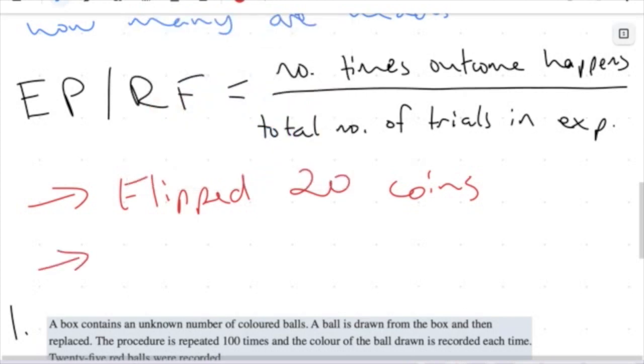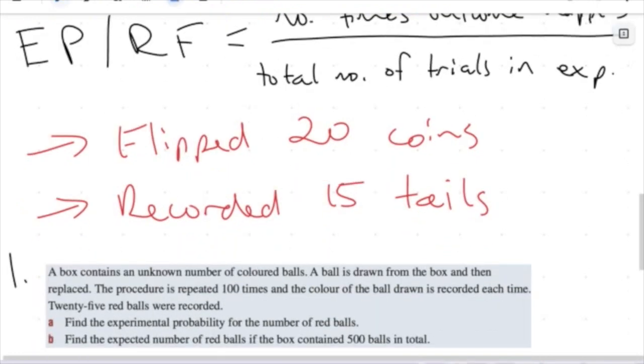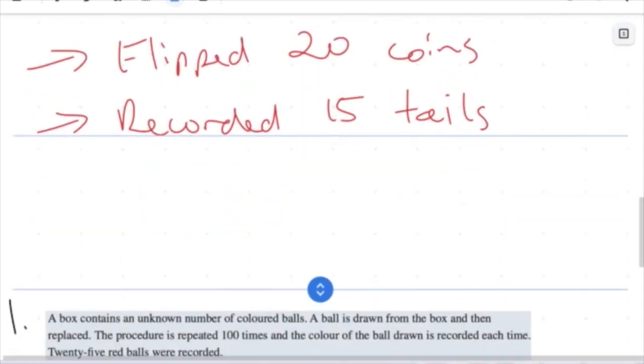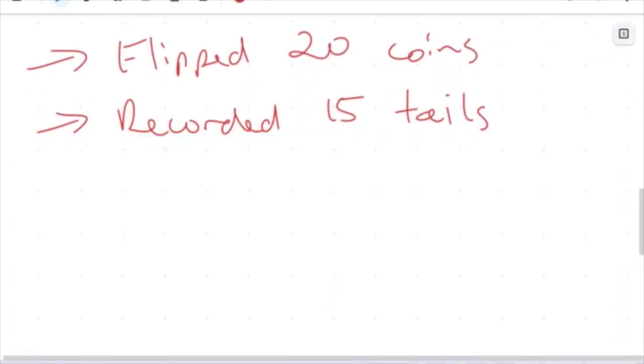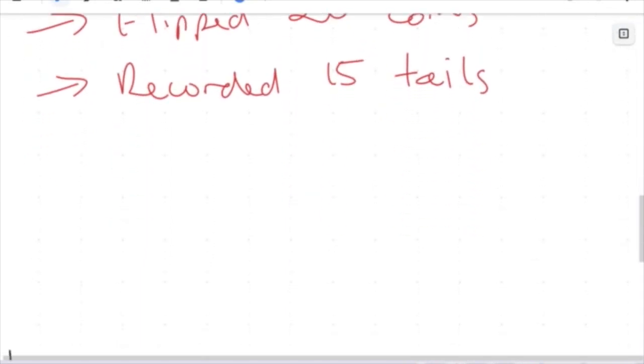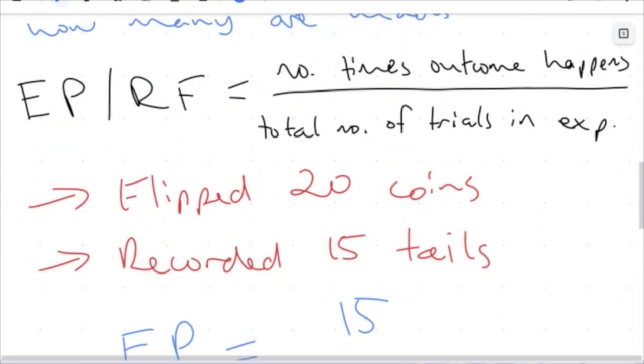And let's say we recorded 15 tails. That means that when we actually tried this coin flip thing in real life, we got our experimental probability of my 15 outcomes.